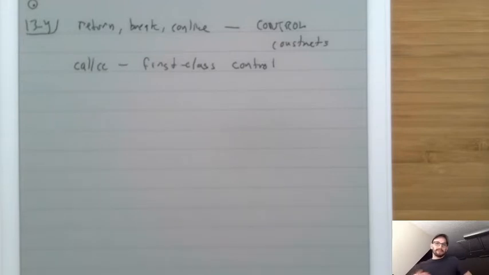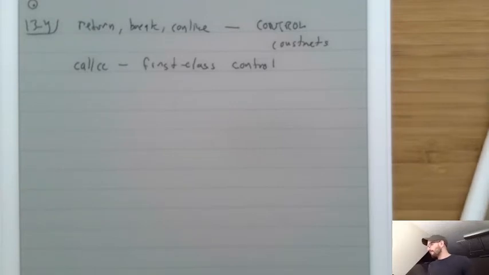But some languages like Pascal and C, they don't have first-class functions because they don't have the ability for you to write down a function inside of any position in the program. Functions can only appear in special top-level positions. But when we added lambdas, that gave us first-class functions, the ability to have functions anywhere in the program. So what call CC does is it gives us first-class control. We can have control constructs in any place.